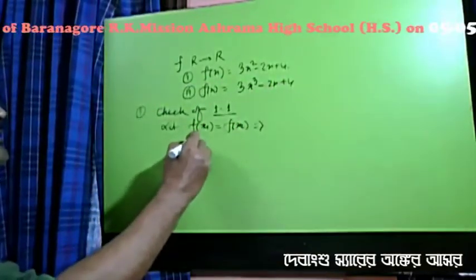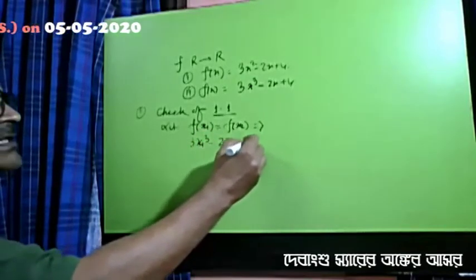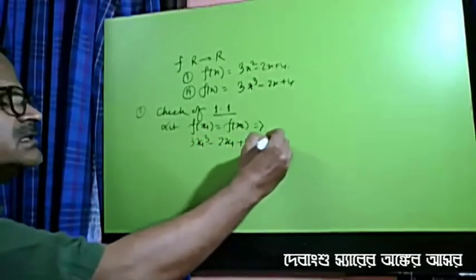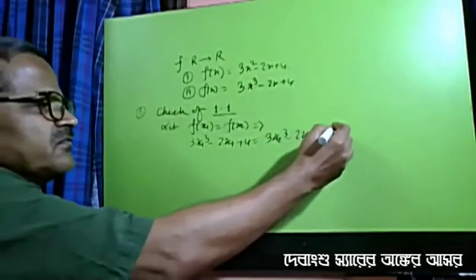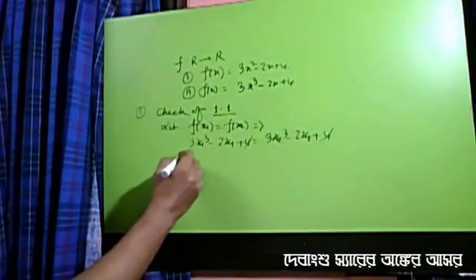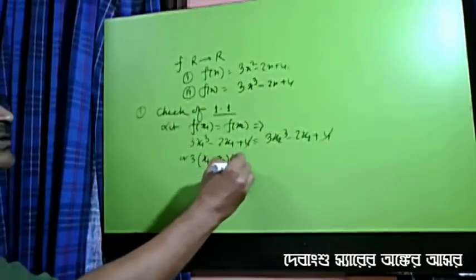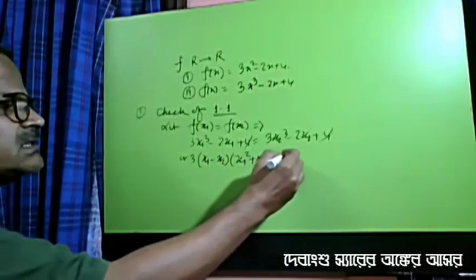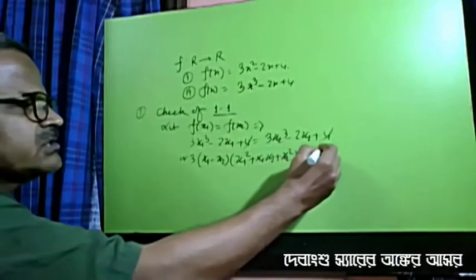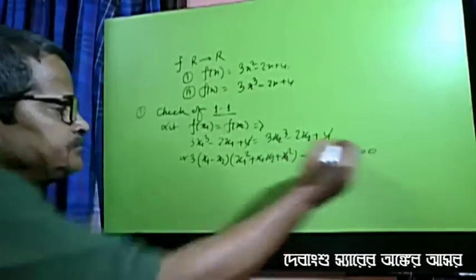That implies 3x1 cube minus 2x1 plus 4 is equal to 3x2 cube minus 2x2 plus 4. The 4 cancels, so 3 into x1 minus x2 into x1 square plus x1 x2 plus x2 square minus 2 into x1 minus x2 equals 0.